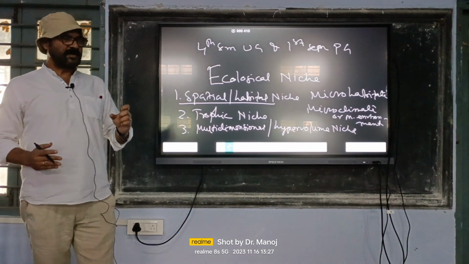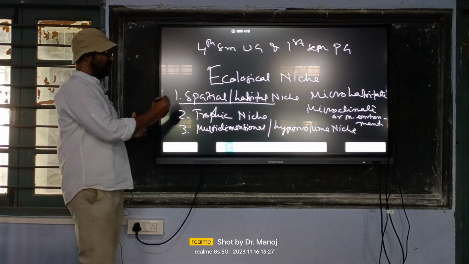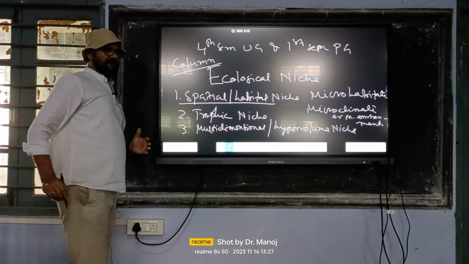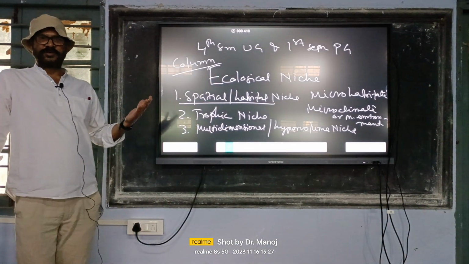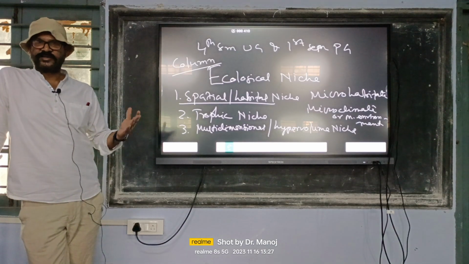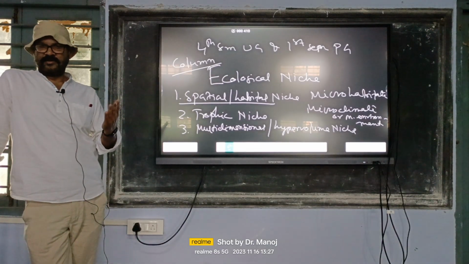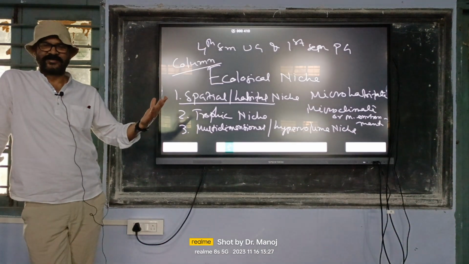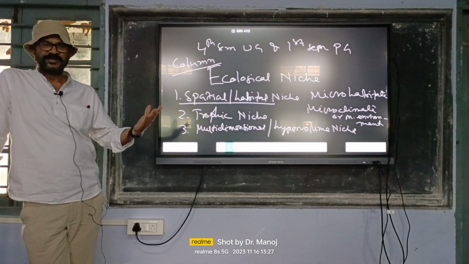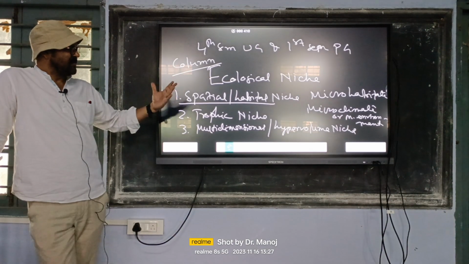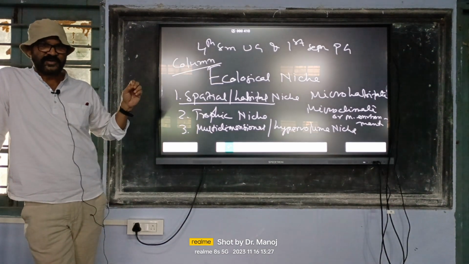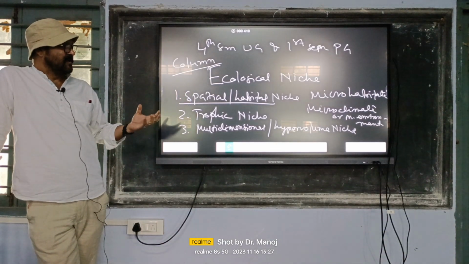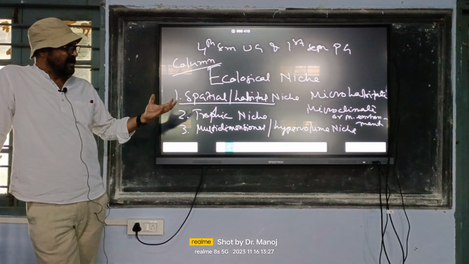Some are column dwellers, meaning the middle portion of the pond, and some are bottom dwellers. So their physical space is different. However, they live in the same general habitat, that is the pond. This subdivision of habitat, the small region of a general habitat, is called microhabitat, and the environmental gradient is called the microenvironment.